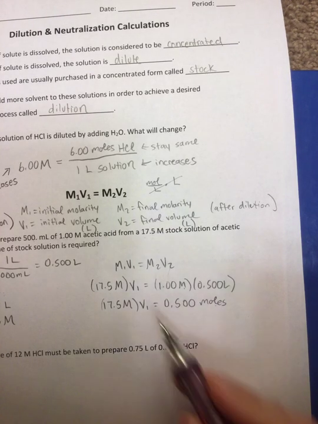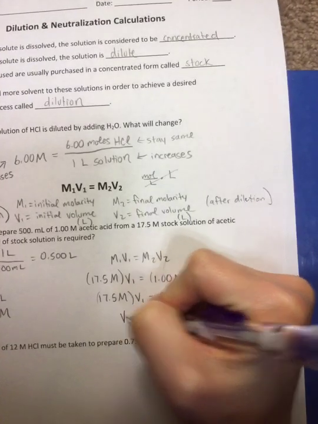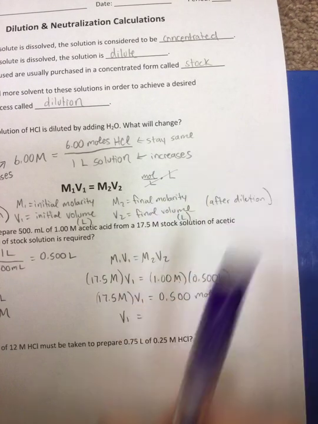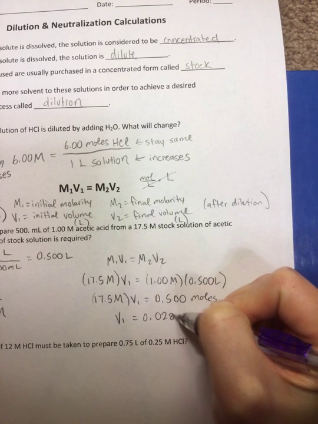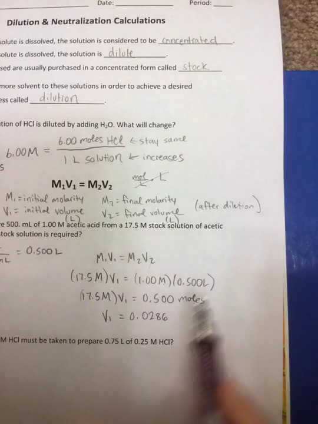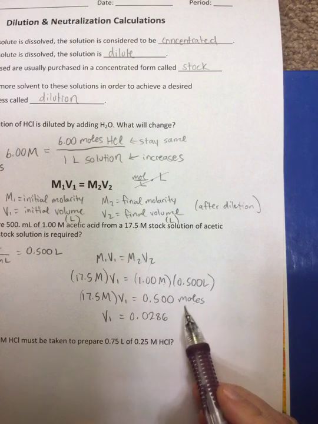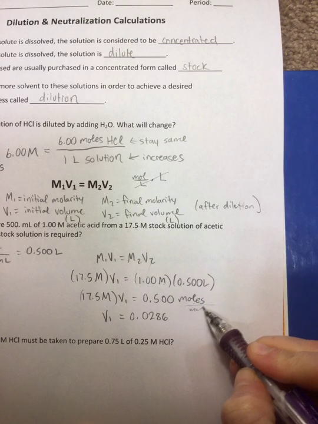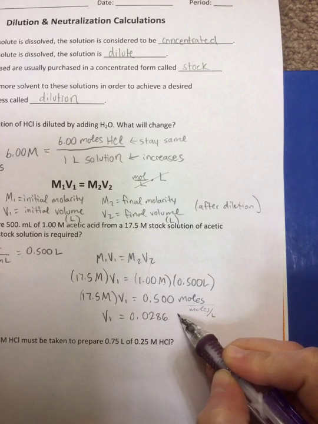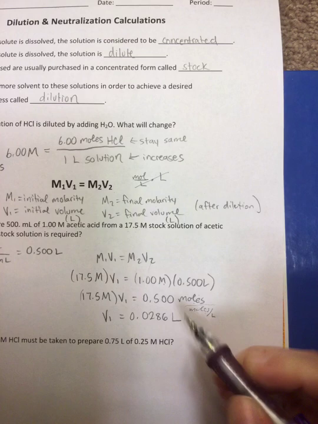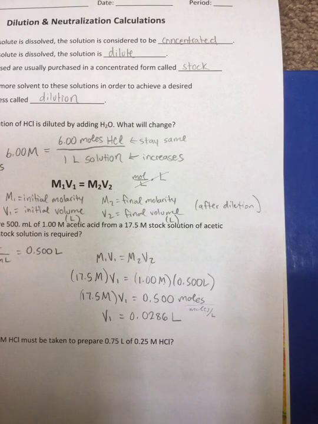And then if I divide both sides by my 17.5 molar, I end up with 0.0286, and I have moles divided by moles per liter. So moles cancels with moles, and we are left with liters here. So that is how much of our concentrated acid we would need to combine with our water to end up with that much solution.